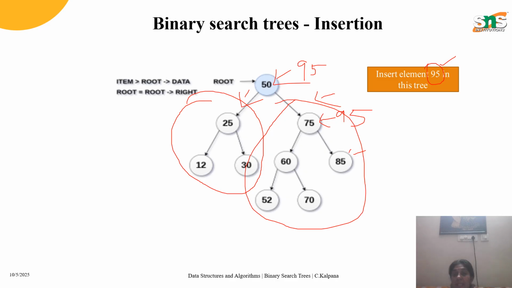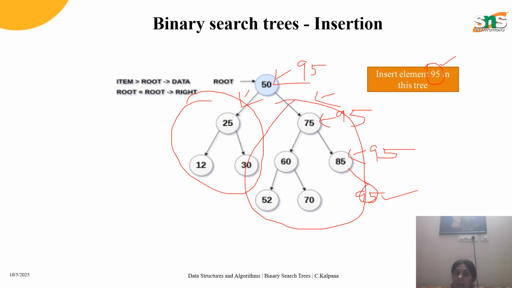You have 85. Then compare 85 with 95. 95 is greater than 85. So what can I do? I can place 95 to the right of 85. Like this I have to place my 95.